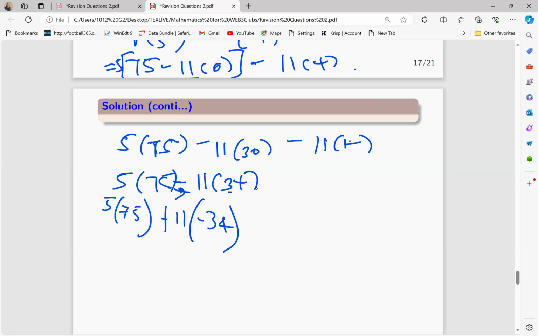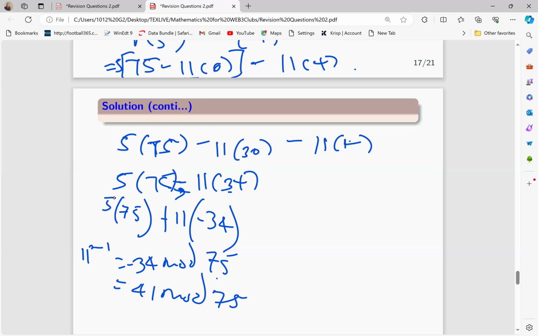So this means that the inverse of 11 is minus 34 mod 75. So when you add this and this, you get 41. Negative 34 is congruent to 41. So that is the inverse, therefore, it is 41.